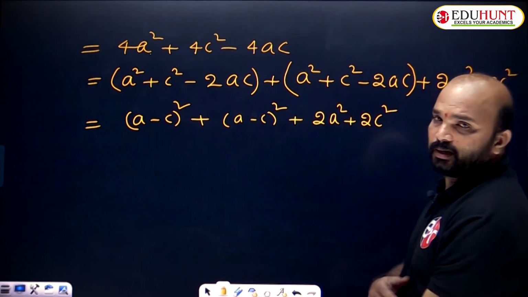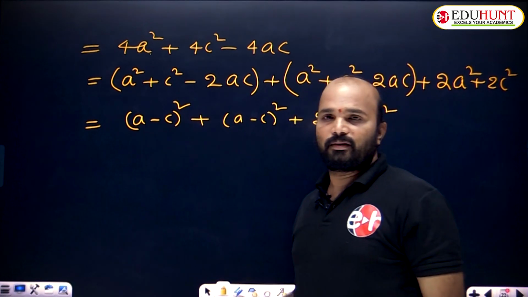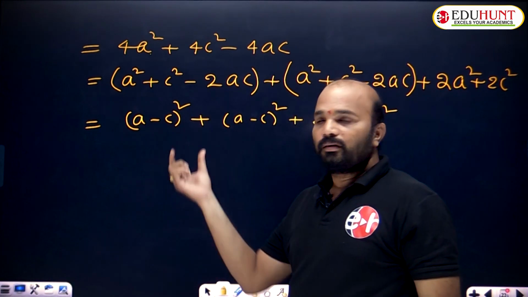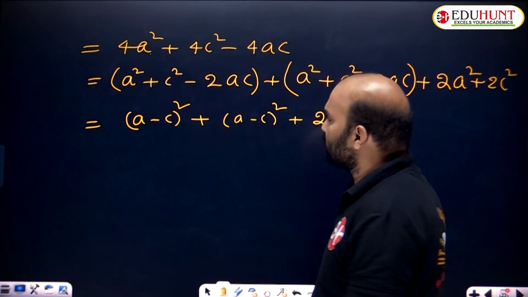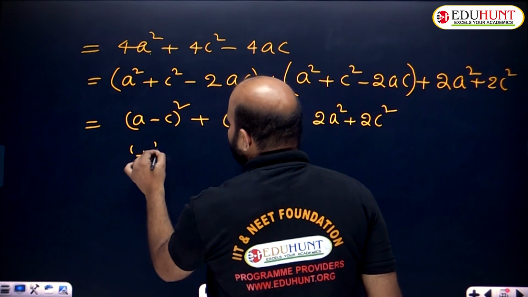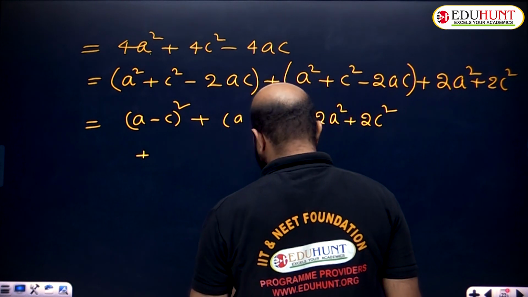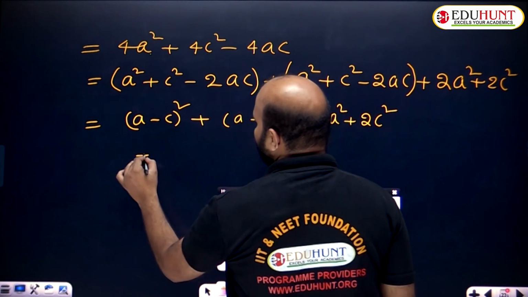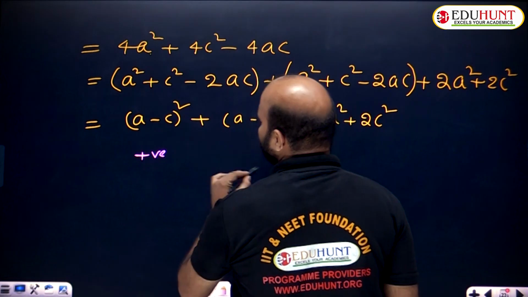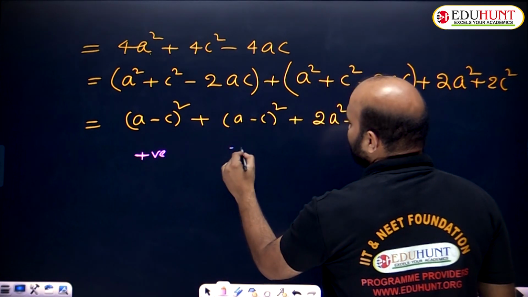Clearly we need to understand that (a minus c) whole square is a real number and also a perfect square. A perfect square is a positive value. So (a minus c) whole square is positive, 2a square is also positive, and 2c square is also positive.